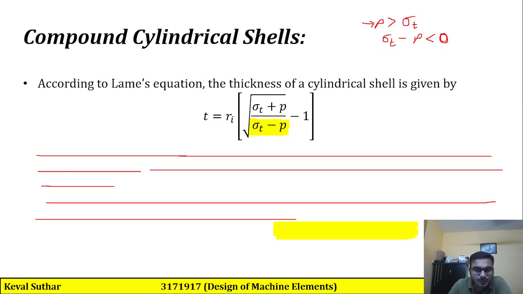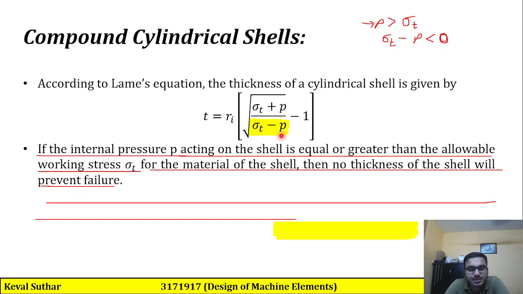Now if you focus on the denominator of this square root, which is sigma t minus p, then if we see this mathematically, in a case when the value of p is greater than sigma t, the denominator part will be less than 0. So in such cases this will be indeterminate.